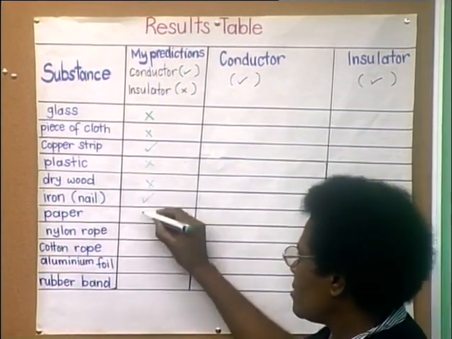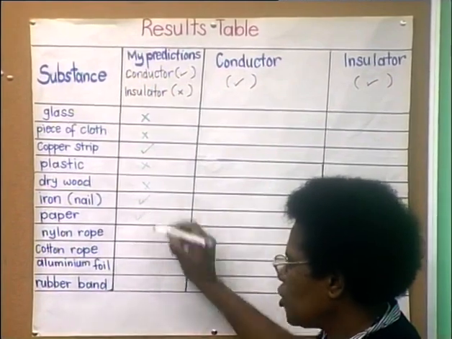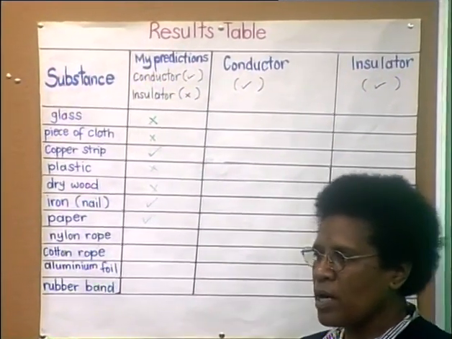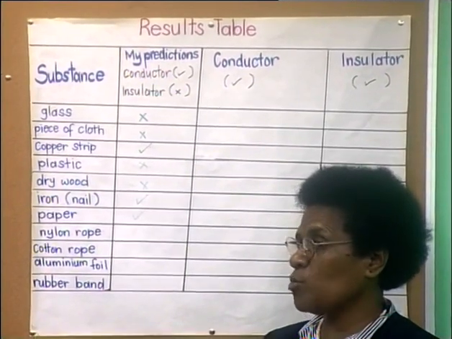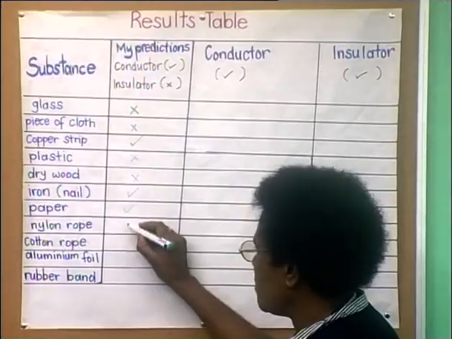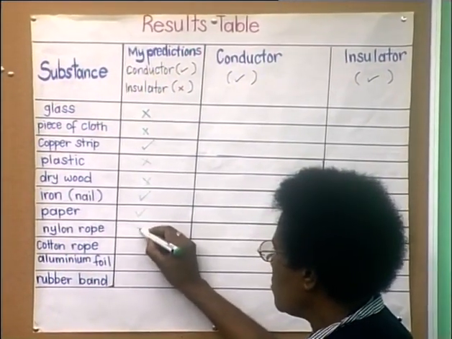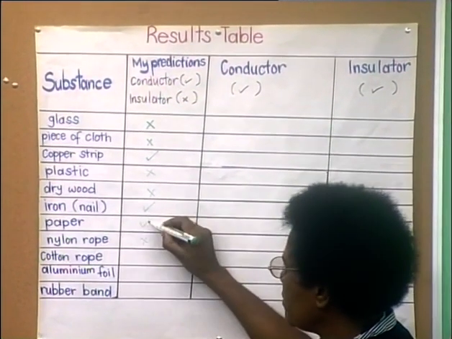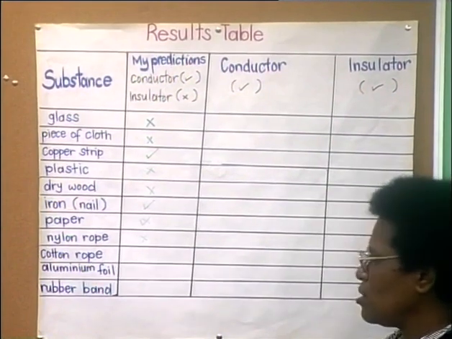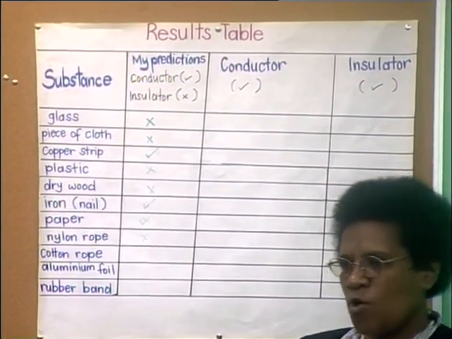Paper, Yoa. Insulator. Jean, nylon rope, the rope that you usually make balloons or string bags with, or clothesline. Insulator. Did you say paper is a conductor or insulator? Oh, then that's supposed to be a cross. Cotton rope.